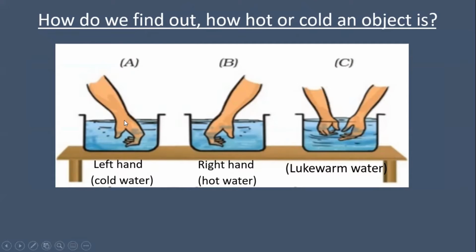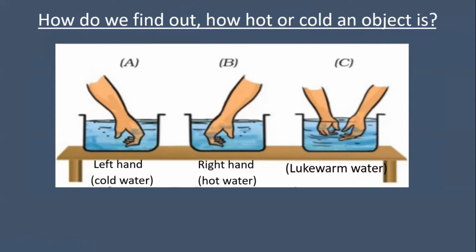Now, dip your left hand in mug A and right hand in mug B. After keeping the hands in the 2 mugs for 2 to 3 minutes, put both the hands simultaneously in mug C. What happens?